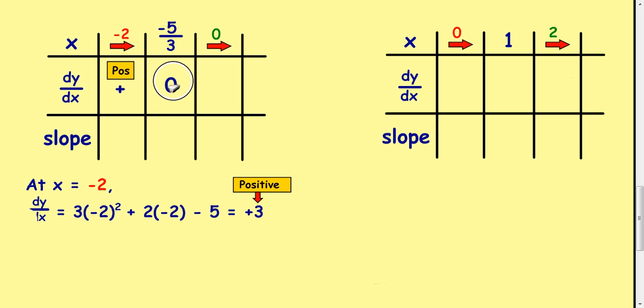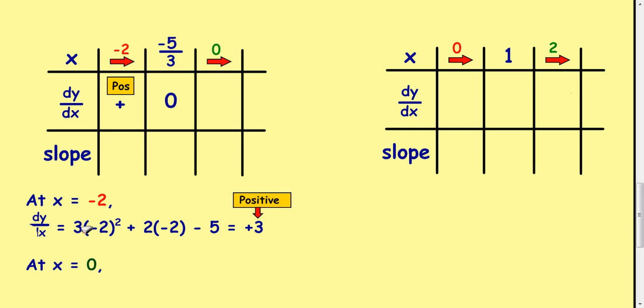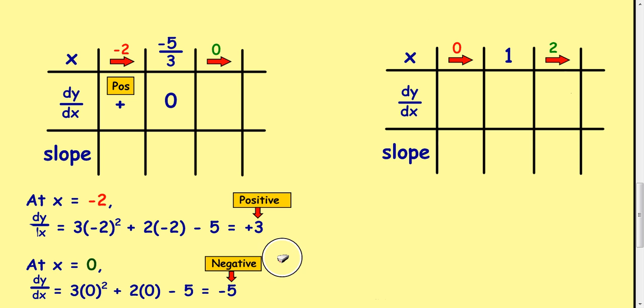The stationary point occurs here, so the gradient must be 0. And at 0, you're just substituting 0 into this point, so 3 times 0 squared plus 2 times 0, take away 5, and that's negative 5, so we've got a negative here. So positive gradient, 0, negative gradient. So that's a maximum turning point at this point here.